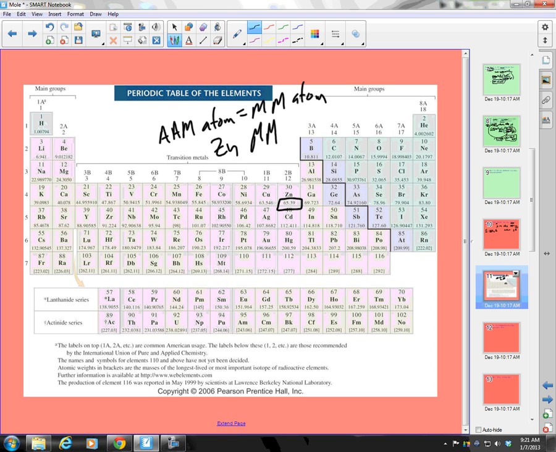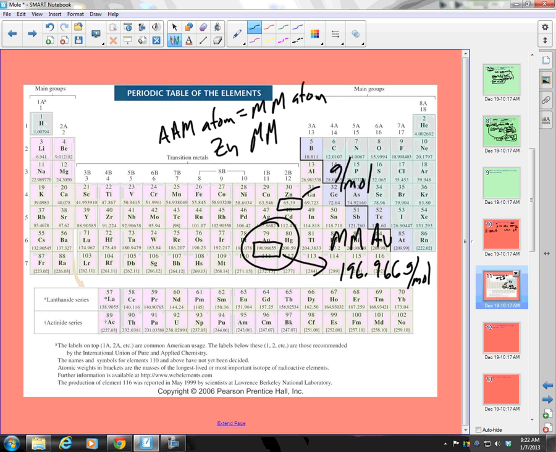Here's gold, and my average atomic mass is 196.966. Well, that is my molar mass. And these units are in grams per mole when we're talking about molar mass. So that means the molar mass of gold, Au, is equal to 196.966 grams of gold per mole of gold. All right, we can do our problem.